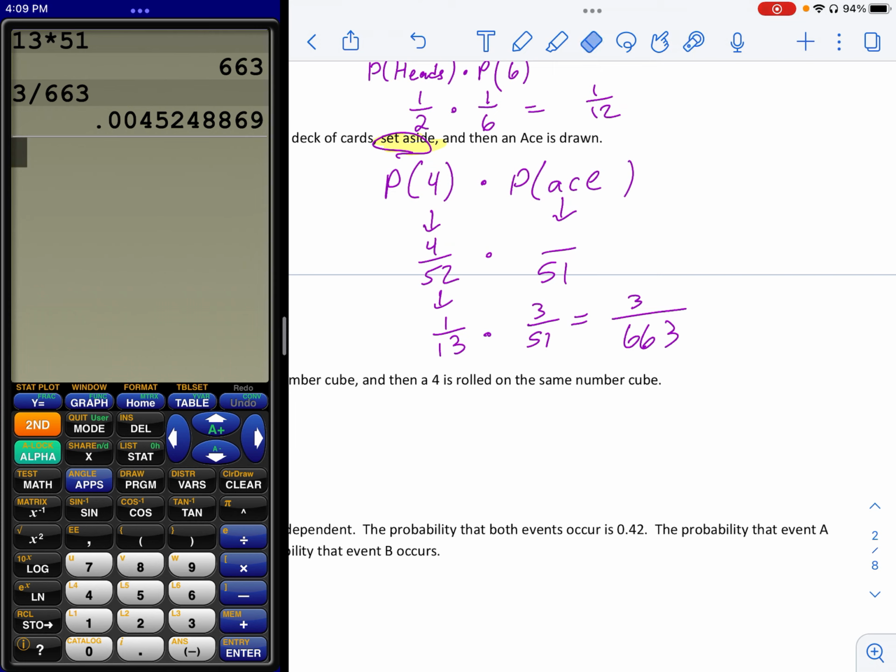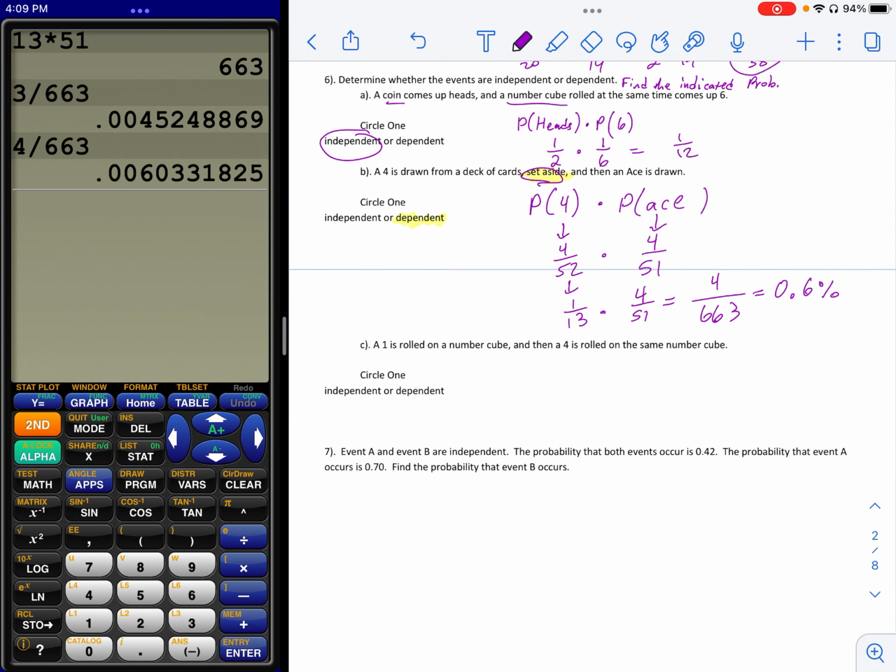So that 3 changes to a 4. All right. So it's not going to change a whole lot. So now 4 is my numerator. 4 out of 663. Wow, that didn't really change very much. 0.6%.